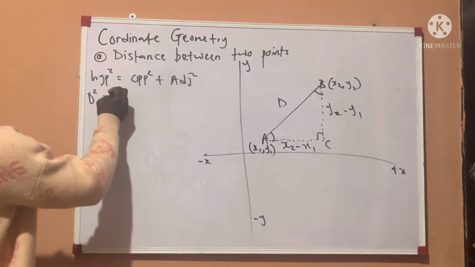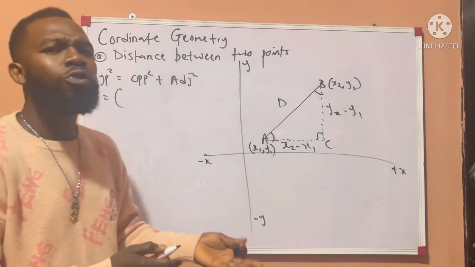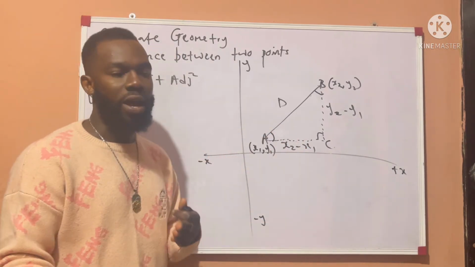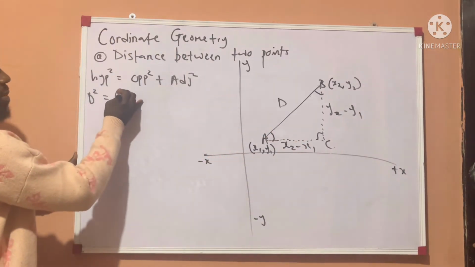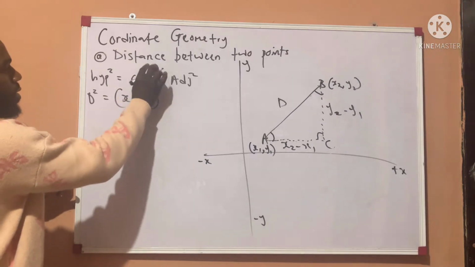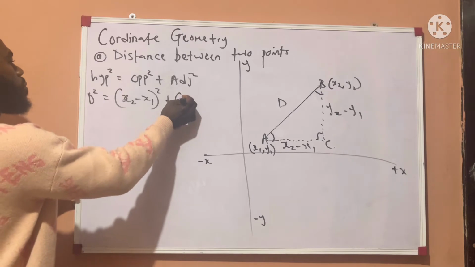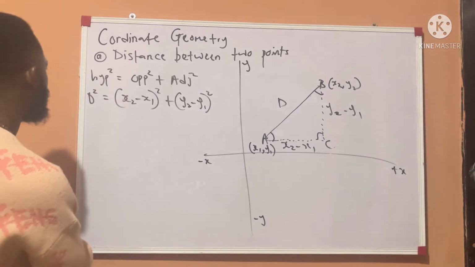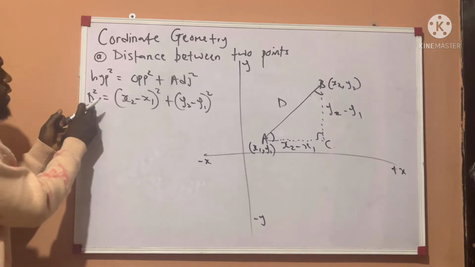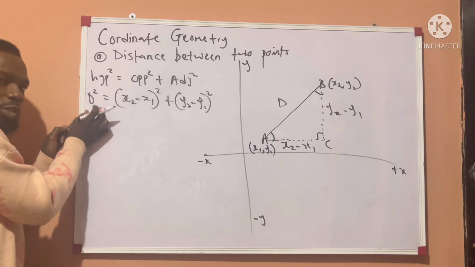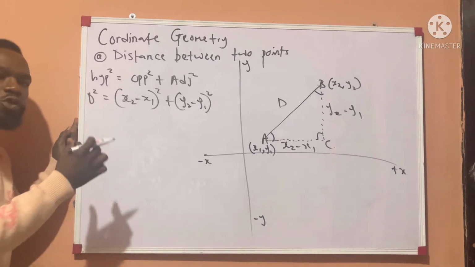So let's go. In order to obey the rule of alphabetical order, let us bring x first before y. So what we have here is x2 minus x1 all squared, plus y2 minus y1 squared. Now if we want to make D, which is the distance, the subject of the formula, it means we have to square root both sides.